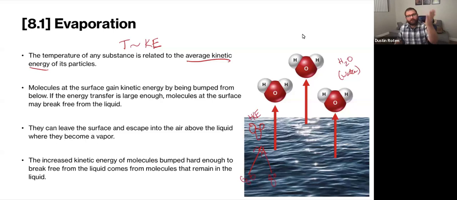So if that energy transfer is large enough, essentially molecules near the surface may break free from the liquid. And you can see that here with these three molecules already. We have 1, 2, 3 actually getting kicked out of the water just because the molecules below them have so much energy. So these molecules will essentially leave the surface and escape into the air above.